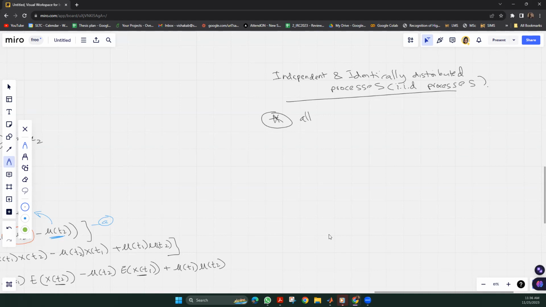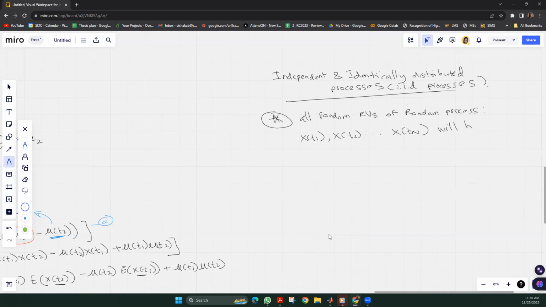All the random variables of the random process, which we denote using xt1, xt2, likewise up to xtn, let's say there are n time indices, will have the same probability density function.